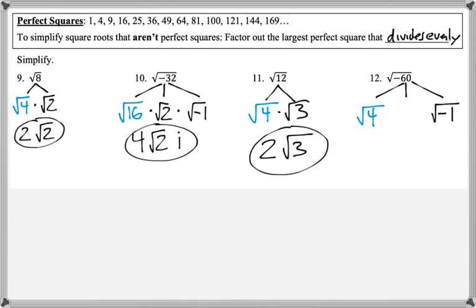So the square root of 4 times 15 would get you back to 60. So the square root of 4 is 2, and the square root of negative 1 is i. So my final answer is 2 times the square root of 15 times i.